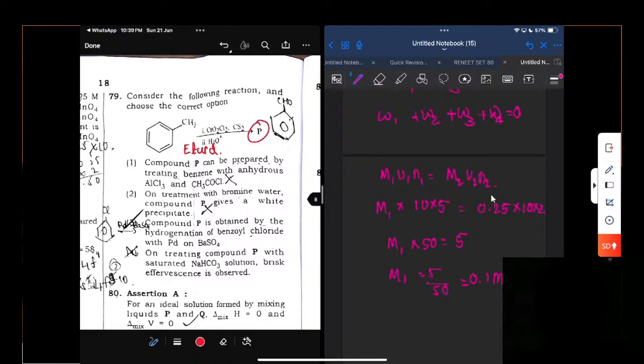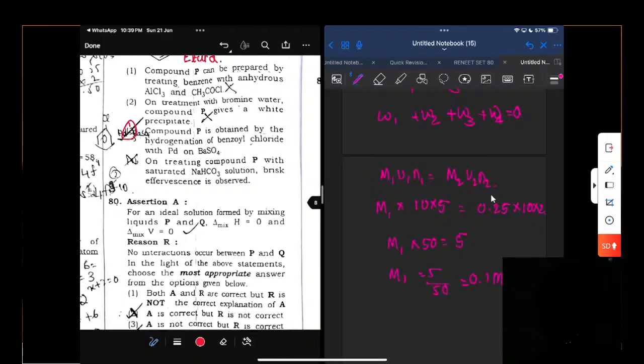Not this one, not benzaldehyde. On treatment with bromine water, compound P gives a white precipitate. No, that's also wrong. Compound P is obtained by hydrogenation of benzoyl chloride with palladium on barium sulfate. That's called Rosenmund reduction, which will form benzaldehyde. So option 3 is correct. Now let's go to the next one.